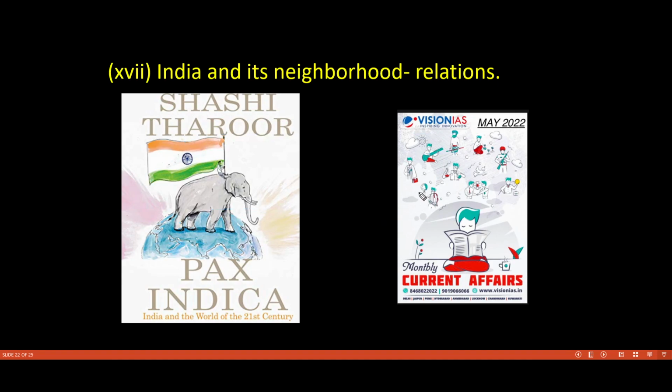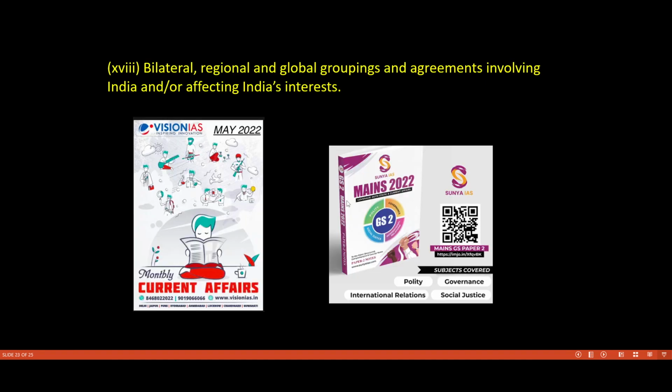Let's move on to the next topic: bilateral, regional, and global groupings and agreements involving India. These topics are always recurring in current affairs. For example, G20, SCO, MTCR, the Wassenaar Agreement, the Australia Group, the NPT, the NSG.